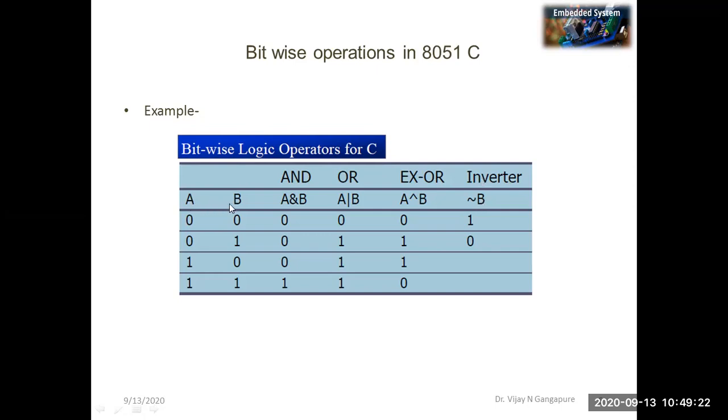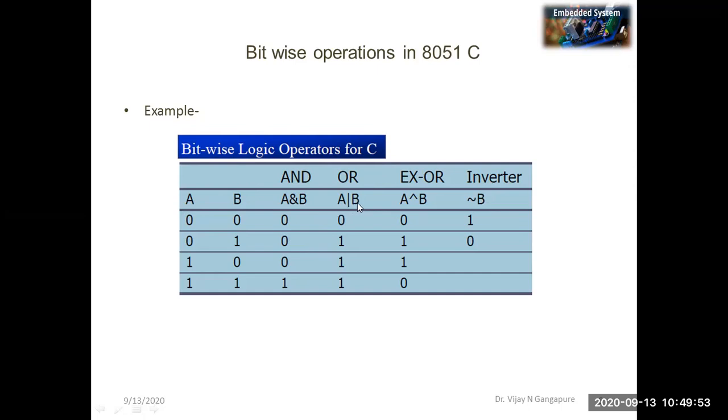If A and B are single bits, and between these single bits I do bitwise AND, OR, XOR and inverter operations, then what will the results be in this table? Suppose bit A is 0 and bit B is 0, then A ampersand B is 0.